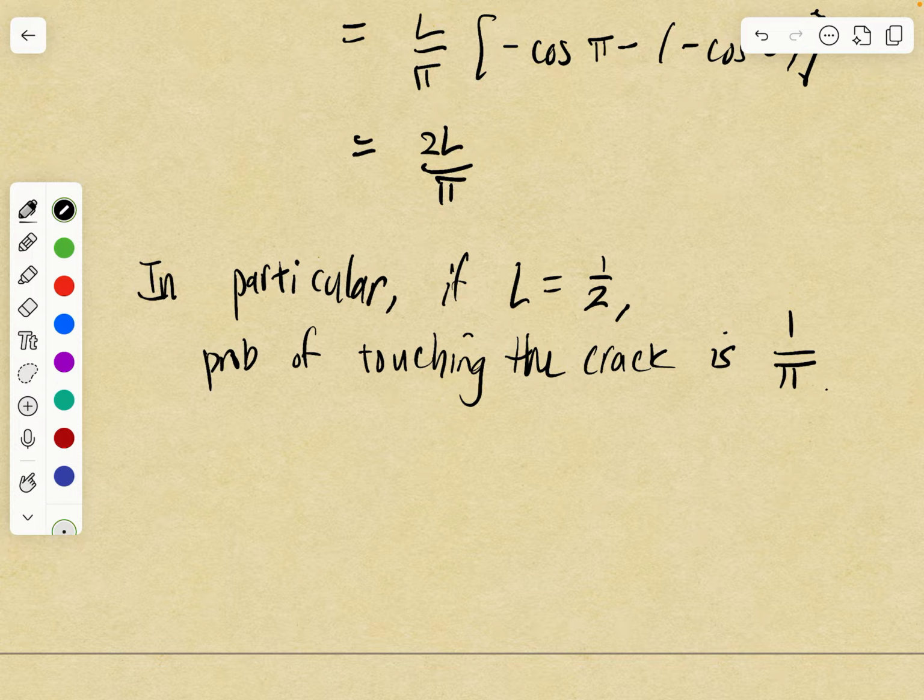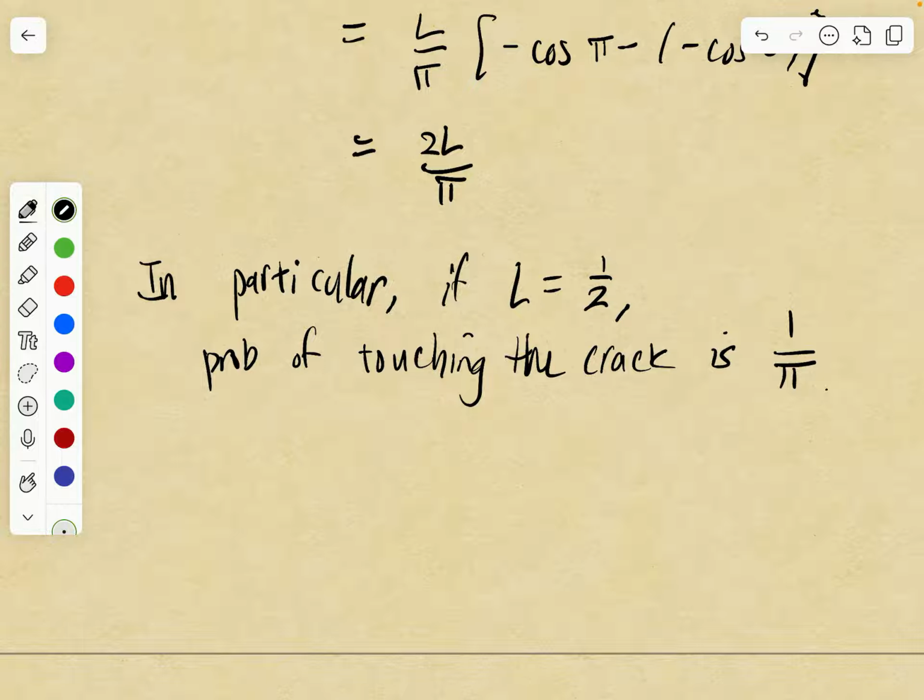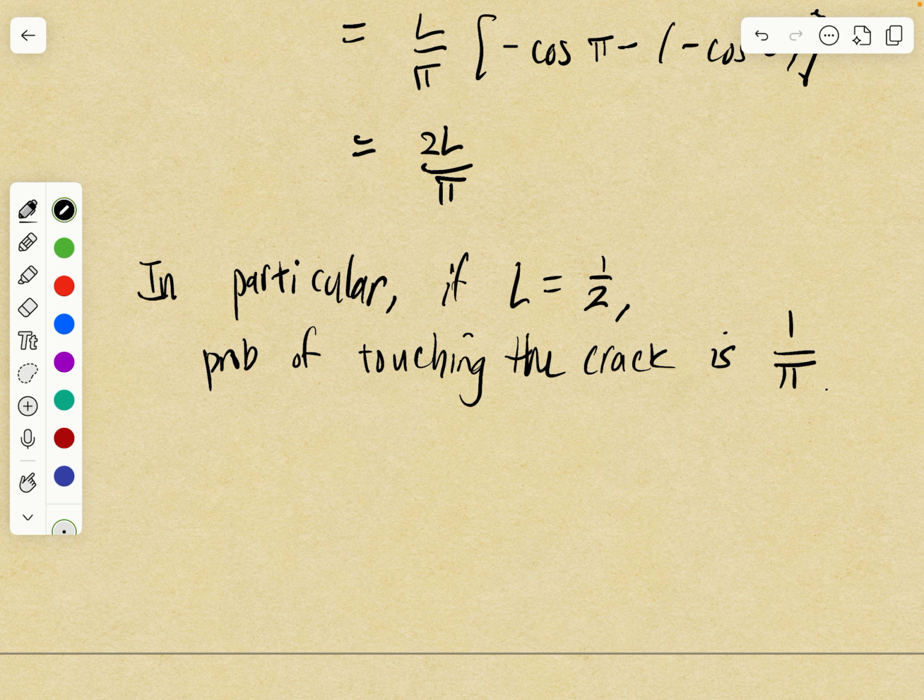So what you can do, and what Buffon did, was perform the experiment lots and lots of times and then take 1 over the fraction of times the needle hit the crack. And that would give you an approximation of pi.